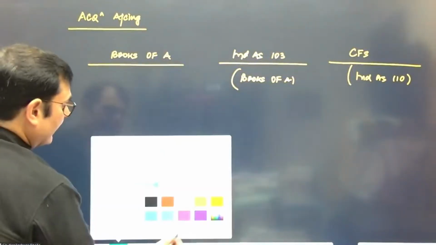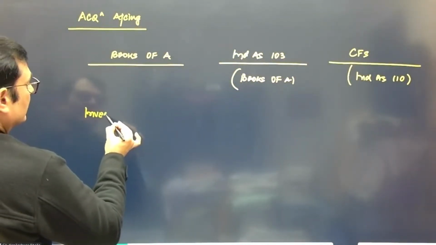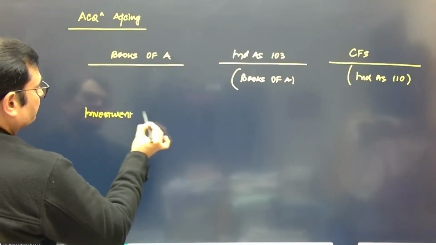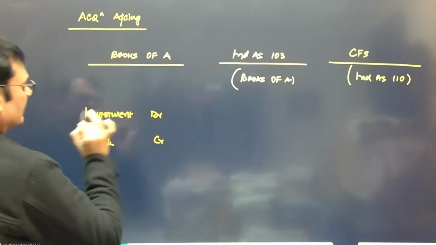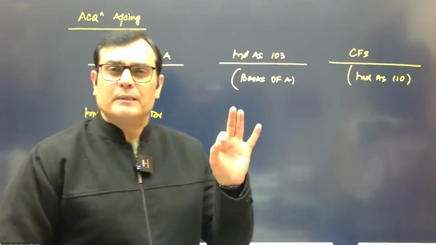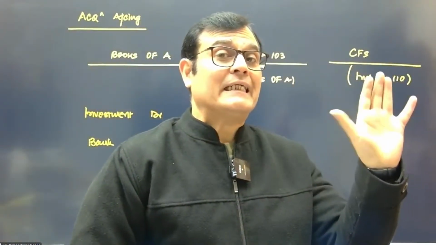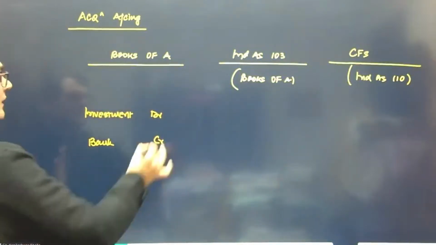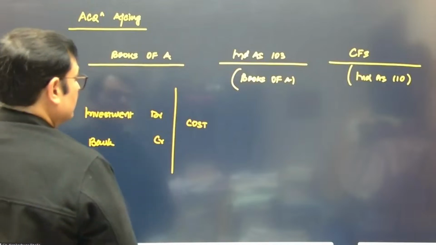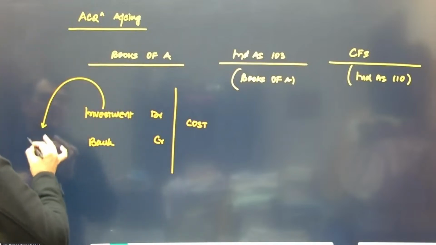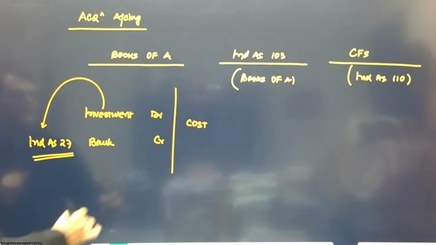Can I say when A acquired shares in B, he would have done the entry investment account debit. And if the consideration is paid, let's say in cash, he puts the entry investment in B debit, and the bank gets a credit. Can I say this entry is recorded at cost? And basically, when you're recording this investment, you are complying with Ind AS 27, recording the investment at cost.